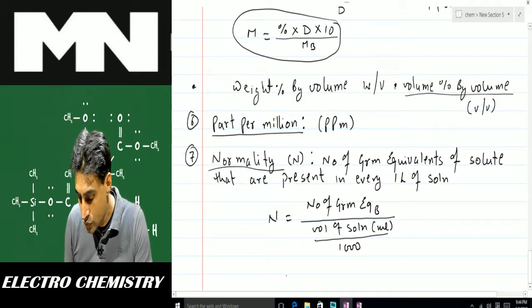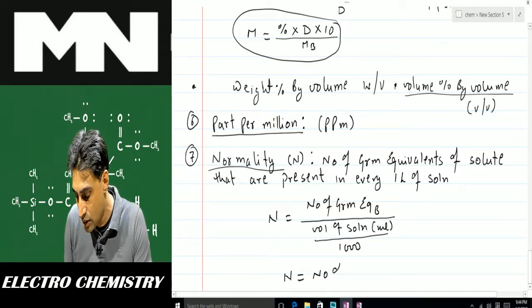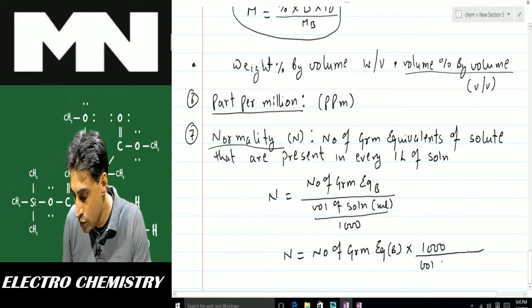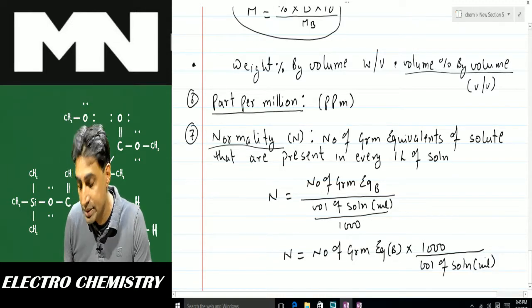So the formula becomes number of gram equivalents of solute into 1000 upon volume of solution in milliliters.